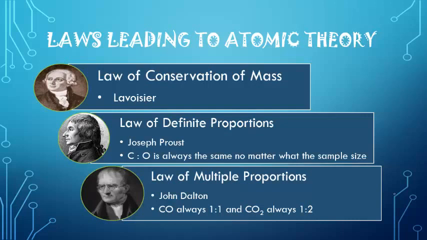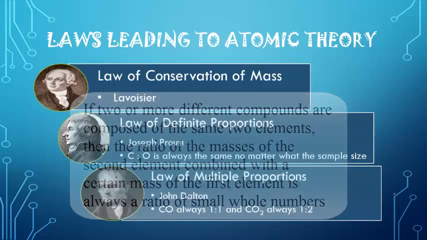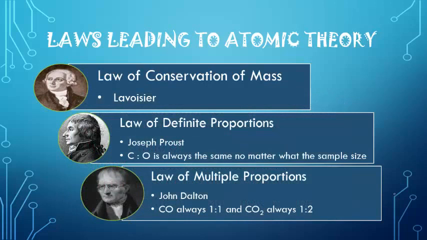The law of multiple proportions states, if two or more different compounds are composed of the same two elements, the ratio of masses of the second element combined with a certain mass of the first element is always a ratio of small whole numbers. So again, we are looking at a mass ratio of one element to another.